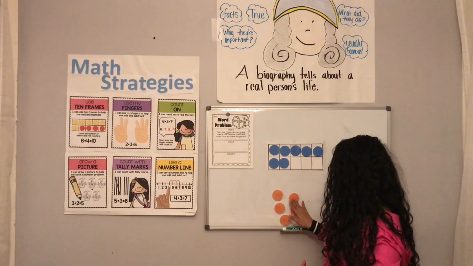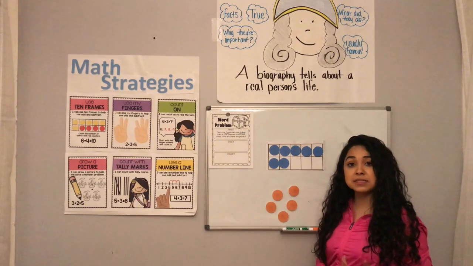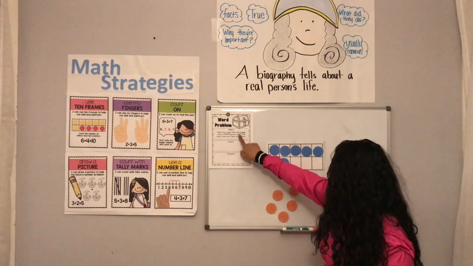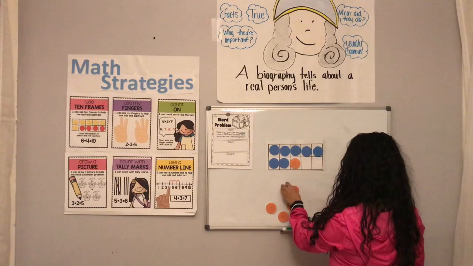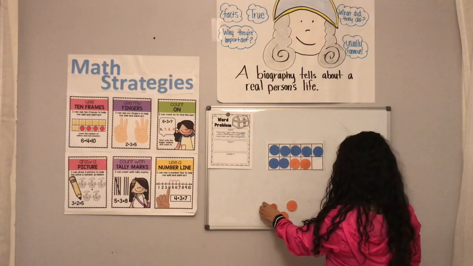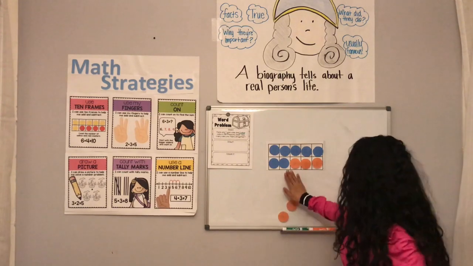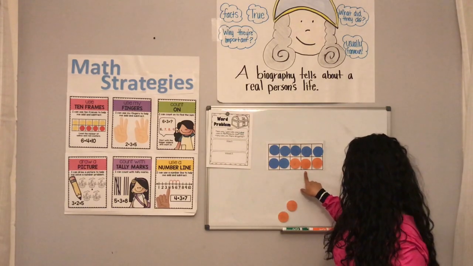In order to not confuse myself, I want to use a different color to represent this second number. I have an orange color right here, and I need 3 more. So I can add 3 more: 1, 2, 3. Okay? This is how I would draw and show my word problem.